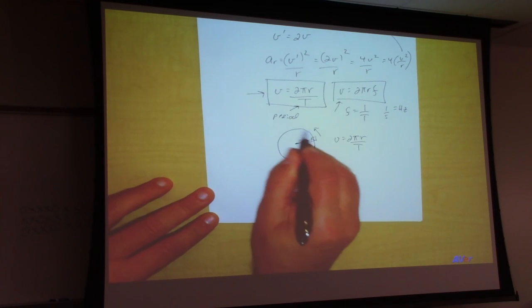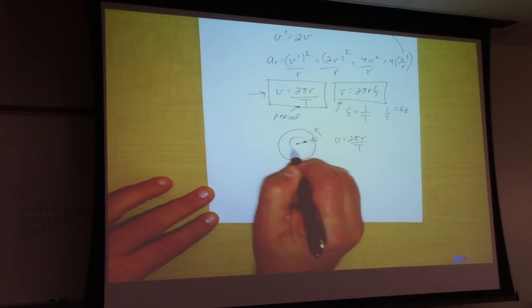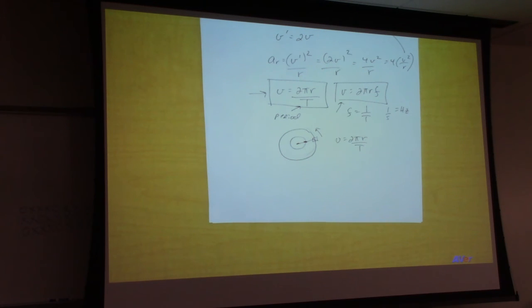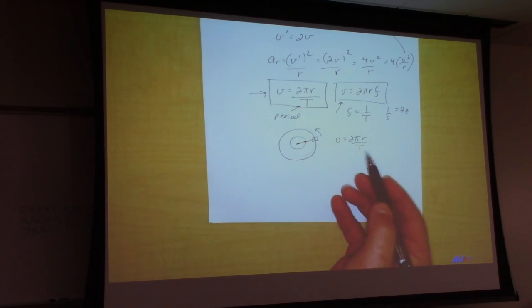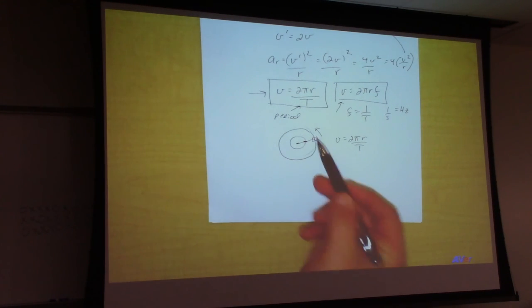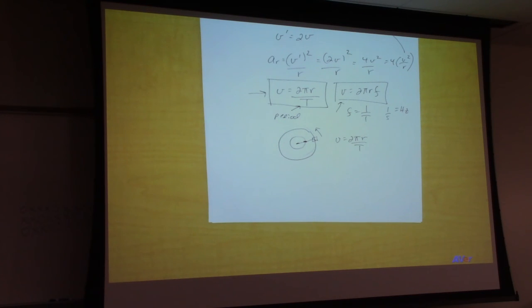If this goes around once, this position would go around once. So you have the same period, but if the radius is bigger, your speed is bigger. So if you're riding a merry-go-round and you want to maximize the amount of fun you have, if you like going fast anyway, go out to the edge. And that's where you actually go faster. So picture yourself doing that. If you're at the edge, you go faster. You go towards the center, you're not going as fast.